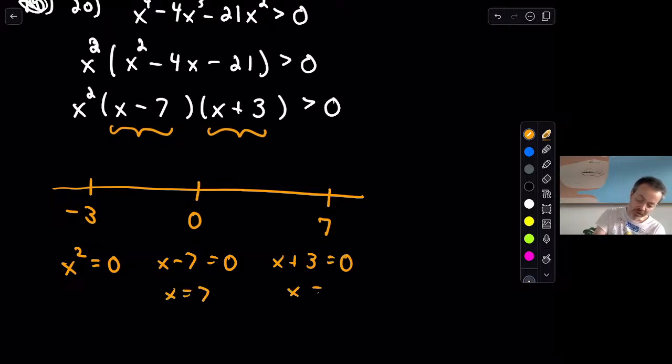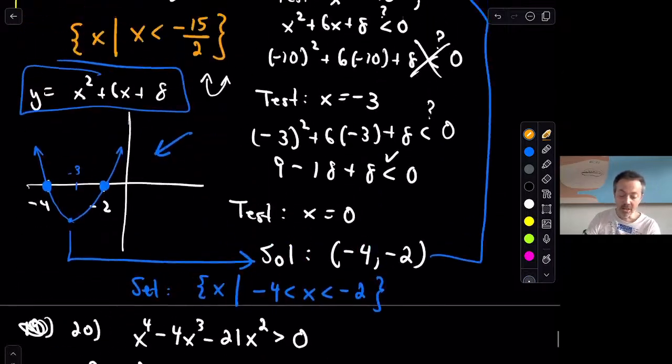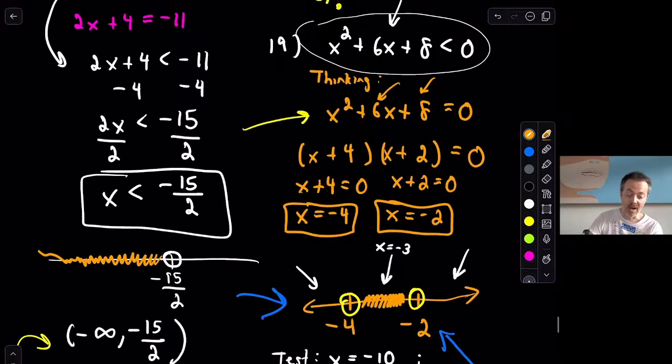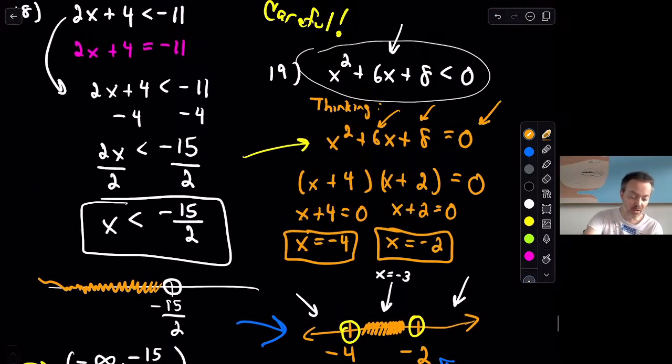And then I'm putting all those numbers on a number line. So I'm doing the same thing as before. If it was an equation, what are the solutions? Put those solutions on a number line. Well, what did we do in the last one? After we had the number line, we thought, did those values satisfy the original inequality?